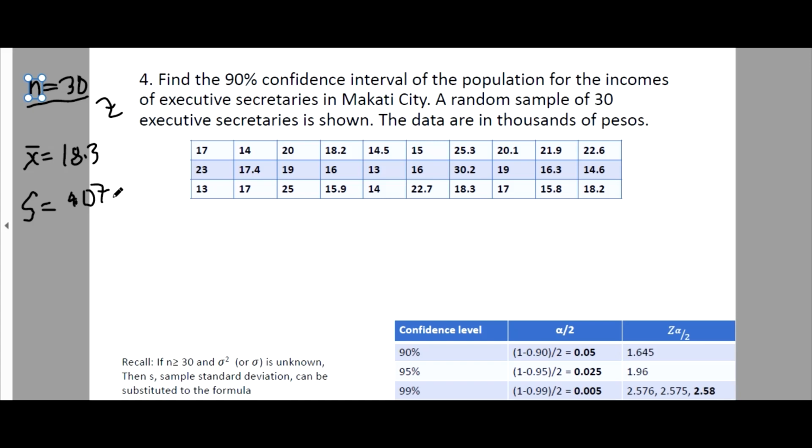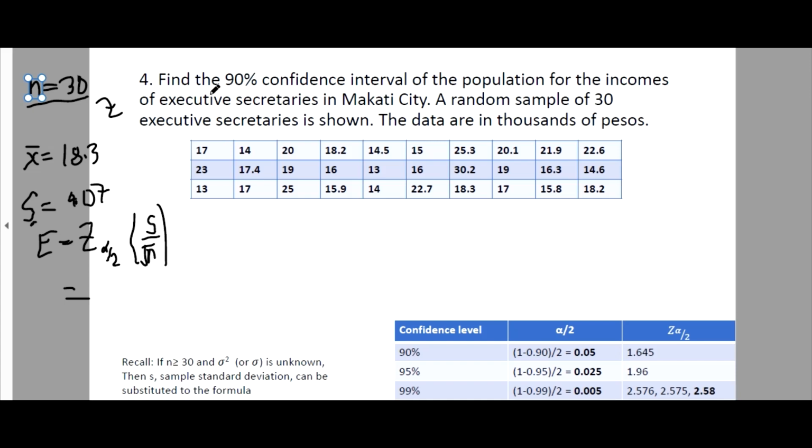So again, the same with example number 3. Although the population standard deviation is not given, we can have our sample standard deviation as a substitute. Okay, so therefore our margin of error is the z sub alpha over 2 times s over square root of n.